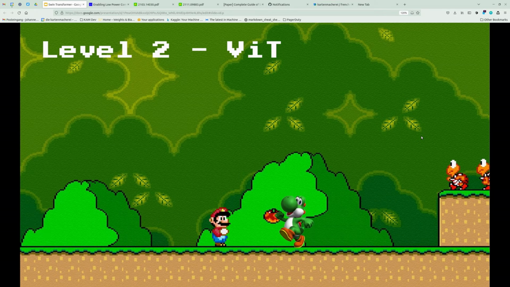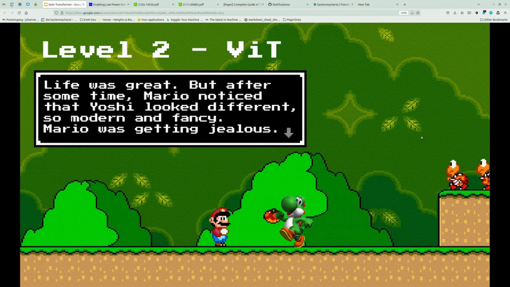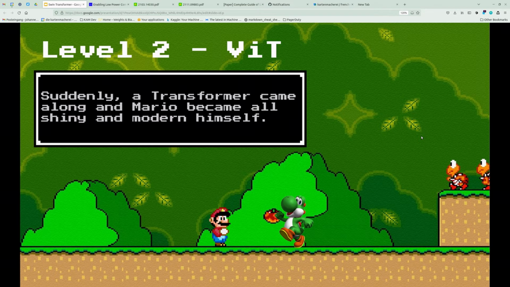There they are, Mario and Yoshi. Life was great, but after some time, Mario noticed that Yoshi looked different, so modern and fancy. Mario was getting jealous. Suddenly, a transformer came along, and Mario became all shiny and modern himself. Here comes the transformer. Oh, Mario is shiny and modern now. I hope Nintendo won't kill me for that, if that is on YouTube.